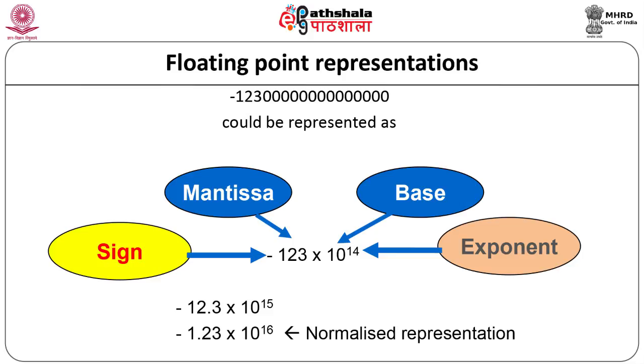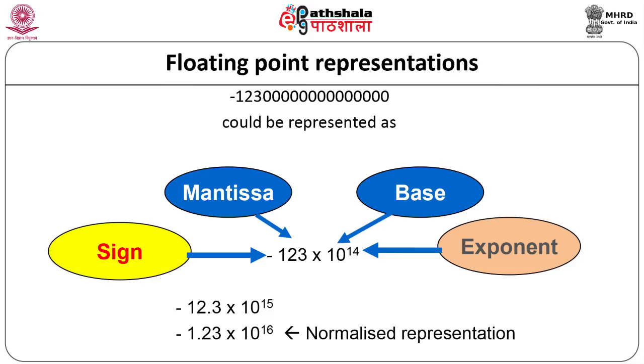123 is called the mantissa, and 14 is the exponent, which is the number of places to move the decimal point. We can alternatively write the same number in different scientific notations as minus 12.3 times 10 raised to 15 or minus 1.23 times 10 raised to 16.